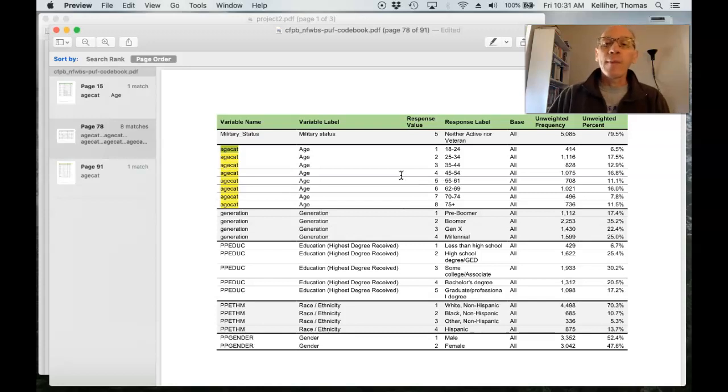So maybe for this question I wanted to compare 18 to 24-year-olds to 62 to 69-year-olds. I would be working with the field values 1 and 6 with the data.